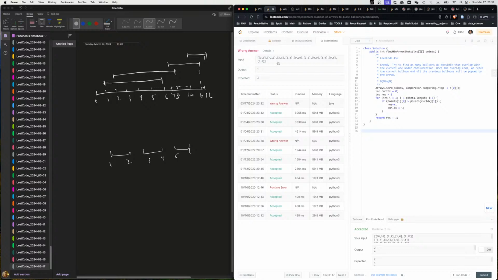Huh. Why? Good question. All right, let's see this one. If I want to do this, we sort, we have [0,9], [0,6].